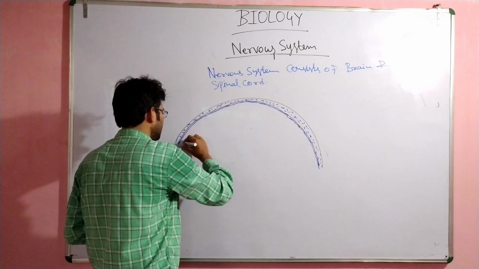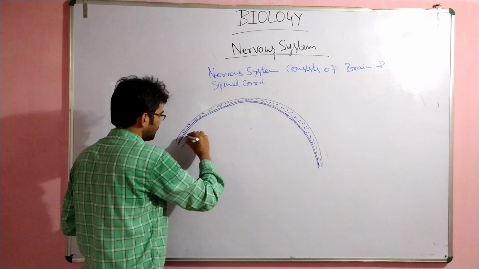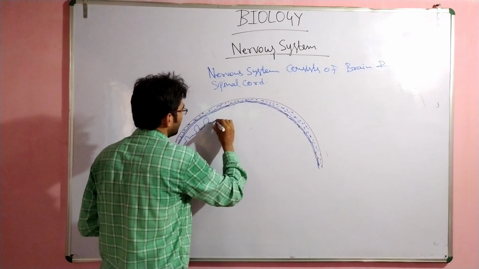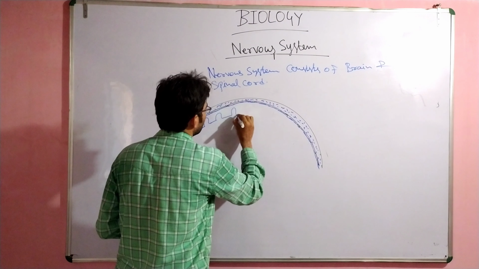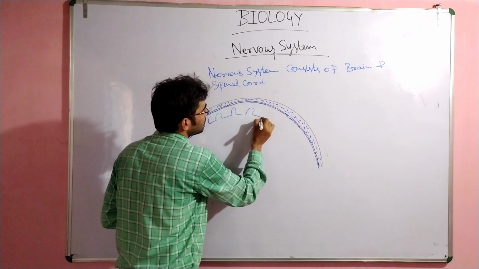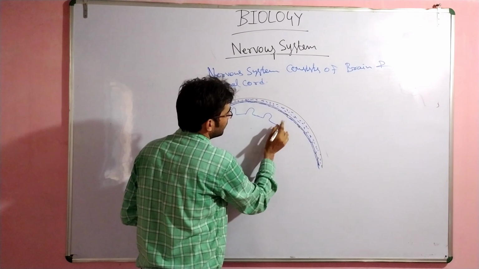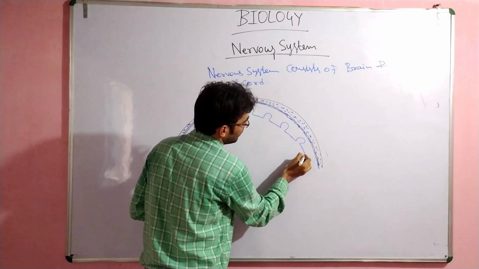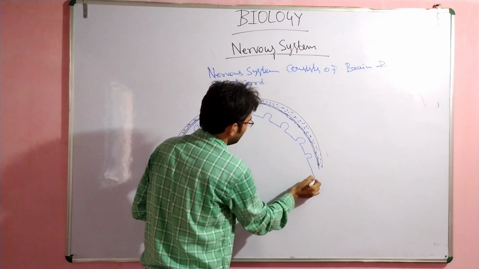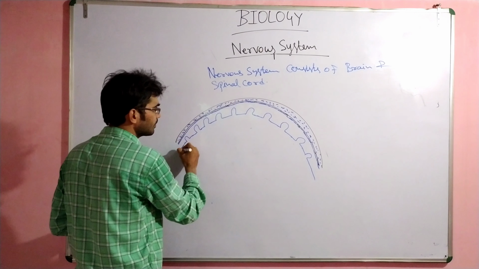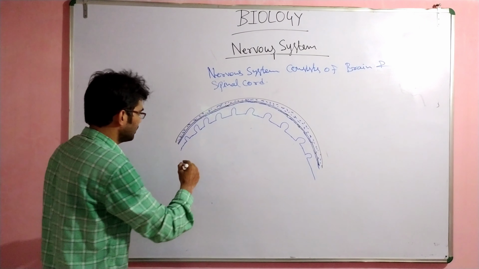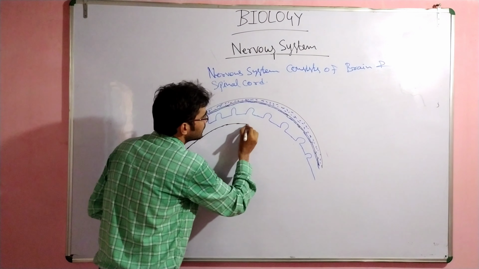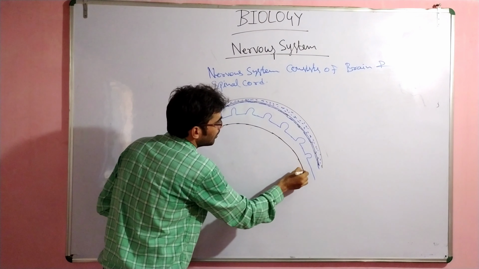This is the arachnoid. Web-like structure. And this structure, the first one, is the pia mater.